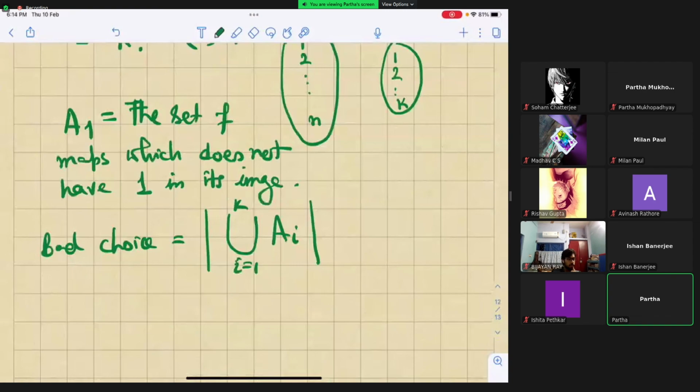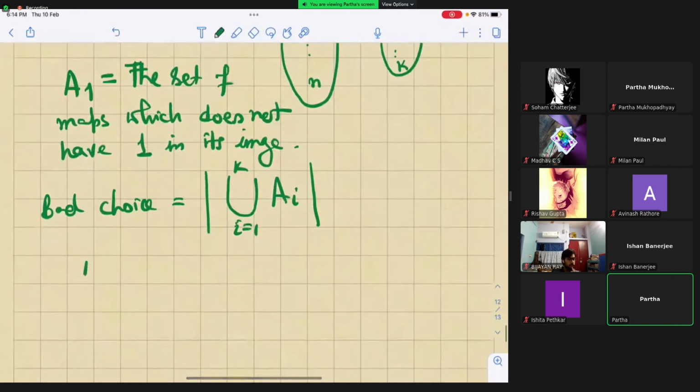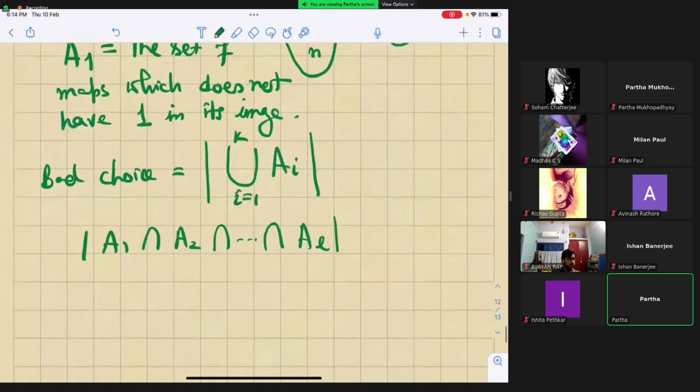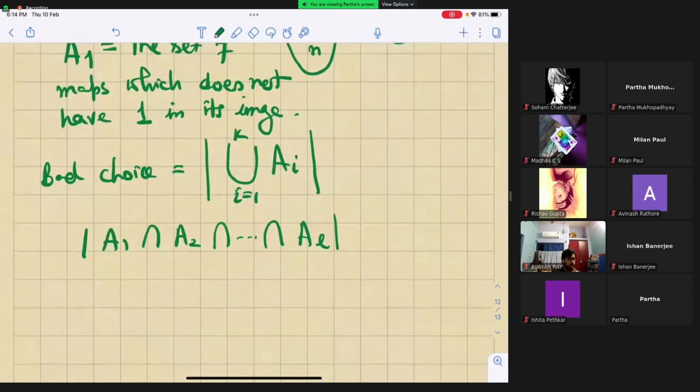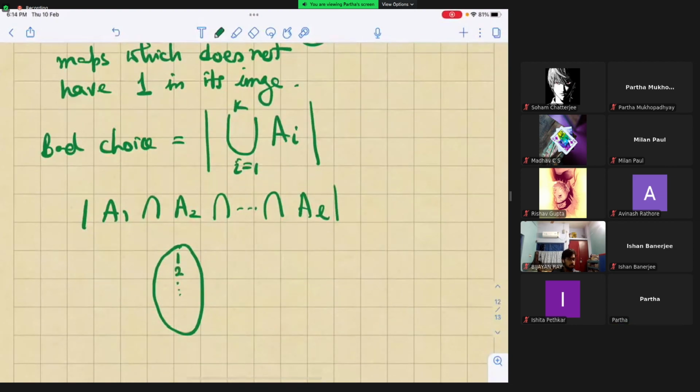A general term means what? Suppose you want to compute the cardinality of A1, A2, let's say up to A_L. This is a general term of length L, right? So if it does not have L of them in its image, then the rest are good. So this is like 1 to n, and this is 1 to L, L plus 1 to k.